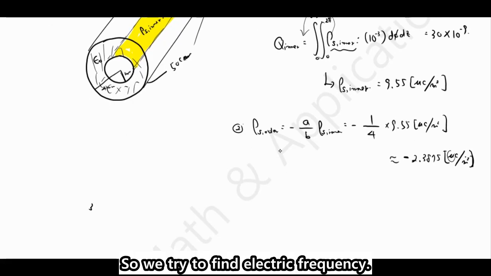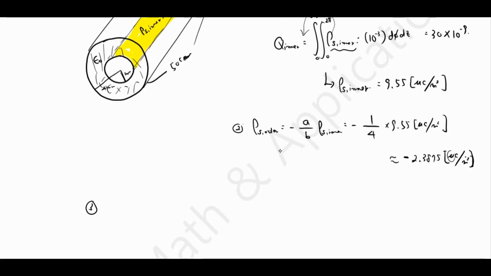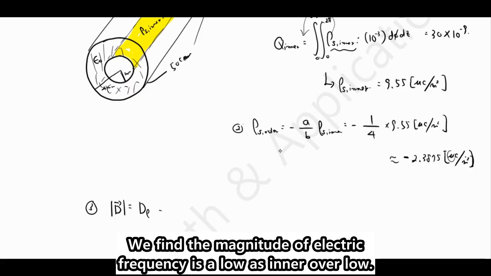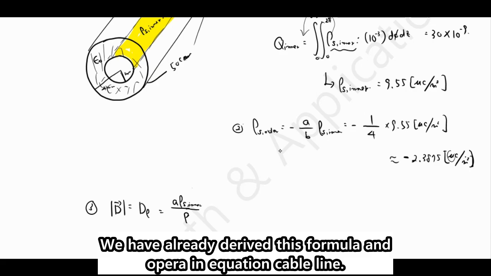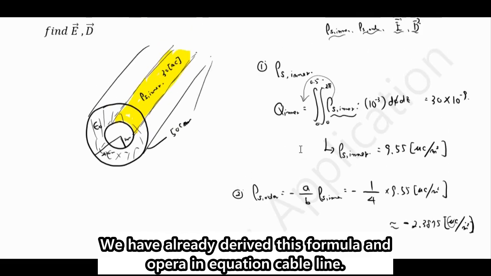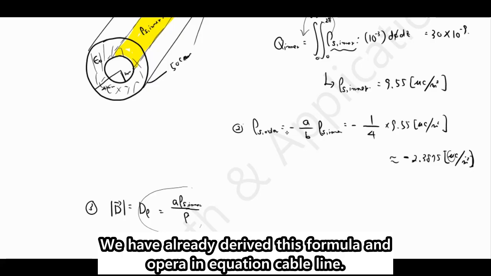So we try to find electric flux density. We find the magnitude of electric flux density is A rho S inner over rho. We have already derived this formula for the coaxial cable line.